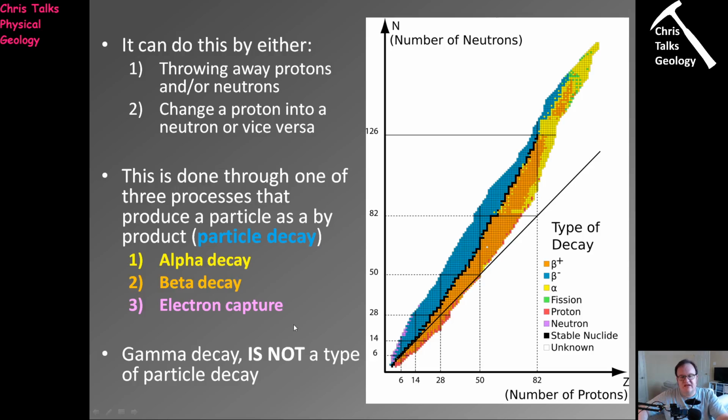So in the case of beta decay, you're turning a neutron into a proton. So in that case, what's happening is your nucleus is trying to pull itself into a smaller and smaller space. So what you do is you take a neutron, which is essentially neutral in charge, and you turn it into a proton, which is positive in charge.